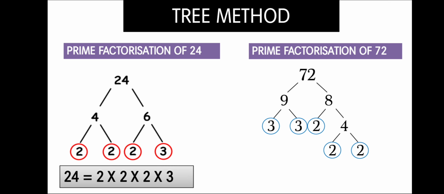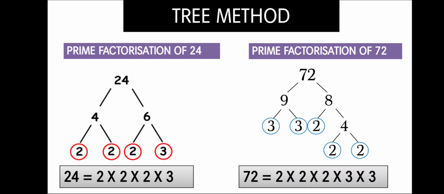So that 4 also will split into 2 times 2. So we have 72 equals 2 into 2 into 2 into 3 into 3. Whenever we are splitting, we have to keep on splitting the numbers until we get prime numbers. So if you get a composite number, you have to write it as a product of prime numbers.